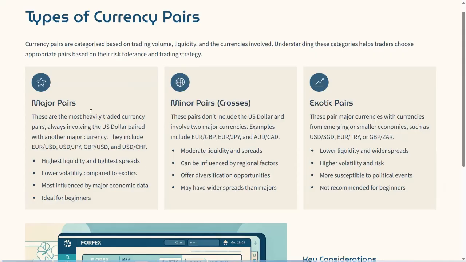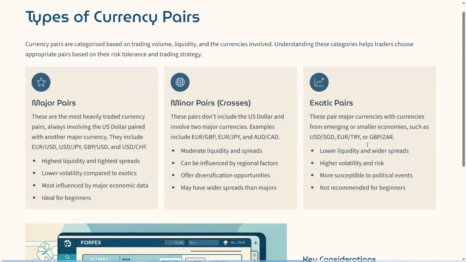Basically, you just need to know that there are major pairs, minor pairs, and exotic pairs. Major pairs are the ones that include the US dollar. Minor pairs don't usually include the US dollar. And exotics are major currencies paired with currencies from emerging or smaller economies.